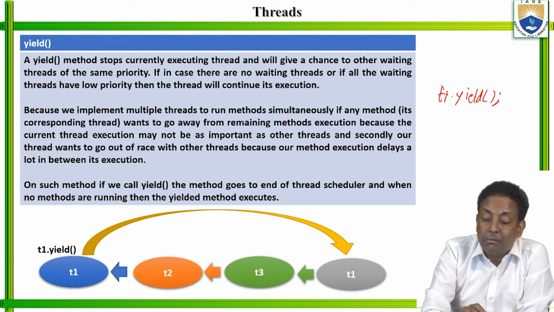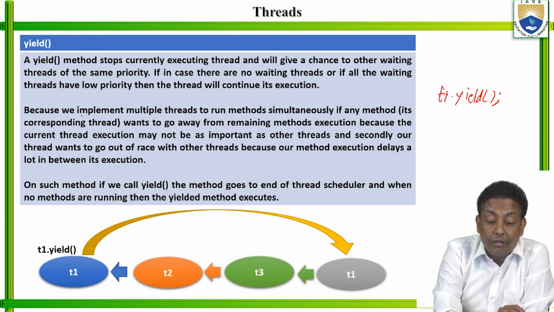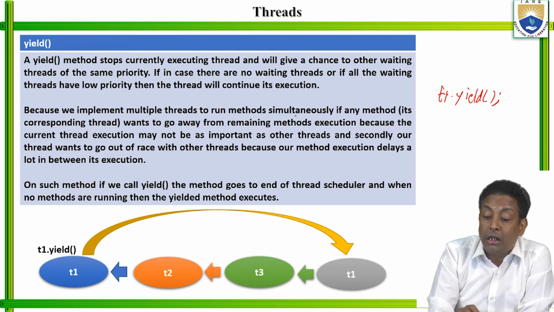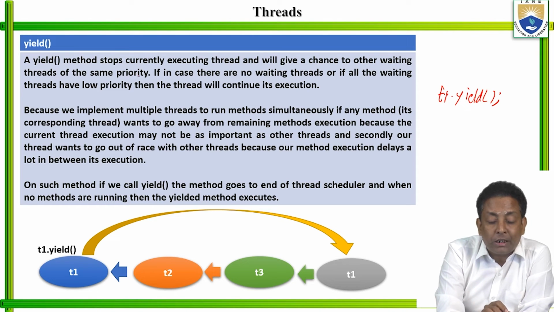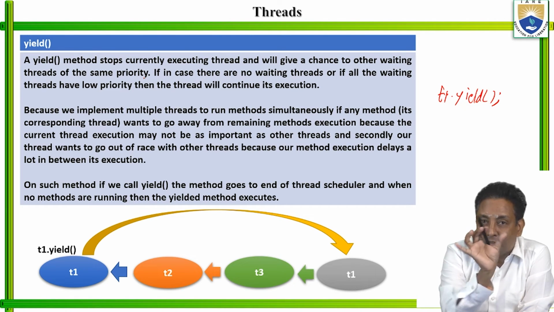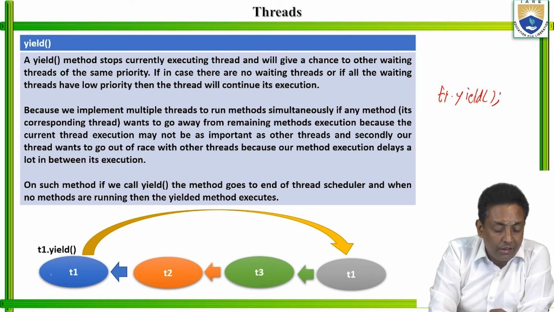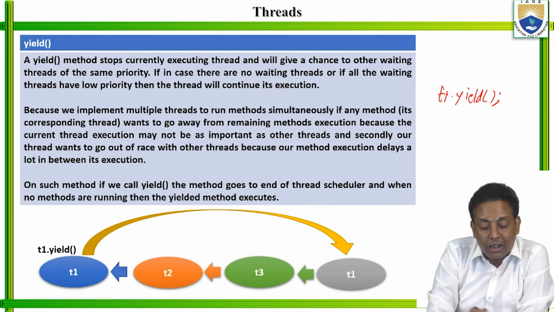See this, the previous paragraph explains how the yield function works. Say I call t1.yield, and the two other concurrently running threads are t2 and t3.